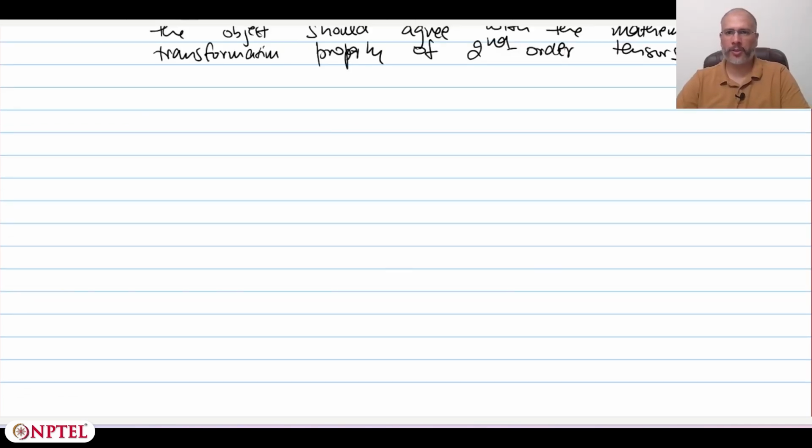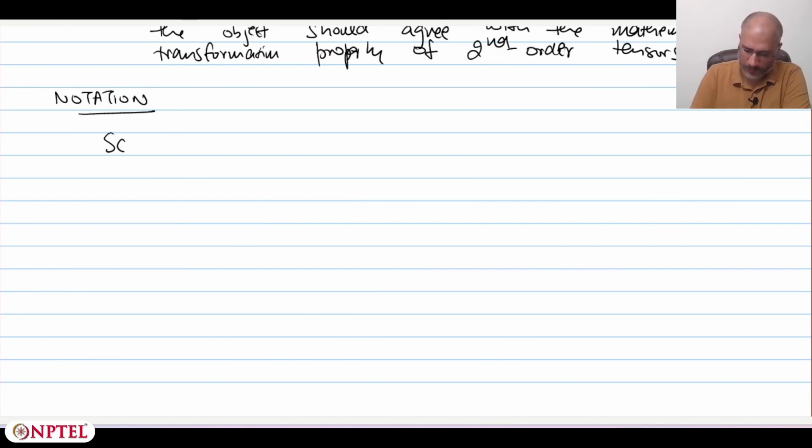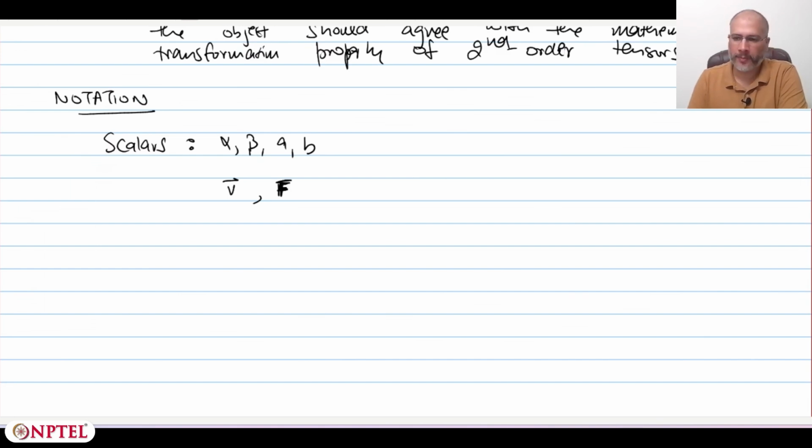So now let's talk about some notation. Scalars are denoted using lowercase Greek alphabets or lowercase English alphabets, like this. Vectors are typically denoted using an arrowhead like this, or in some cases you will see it denoted with a bold symbol like this.